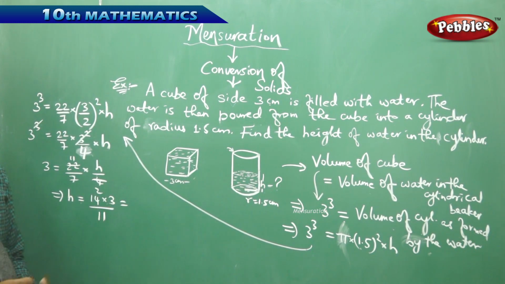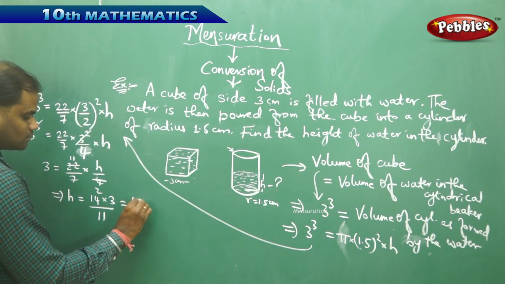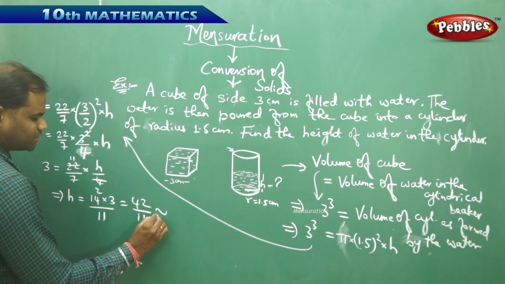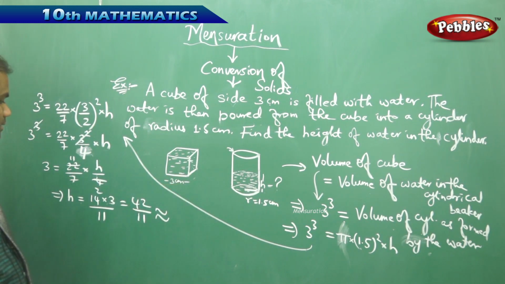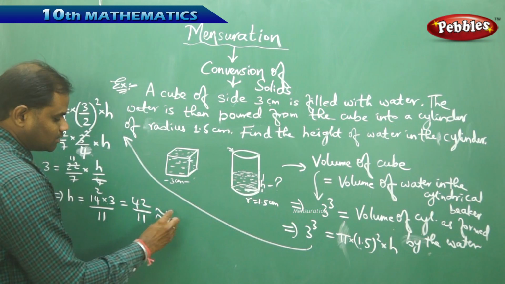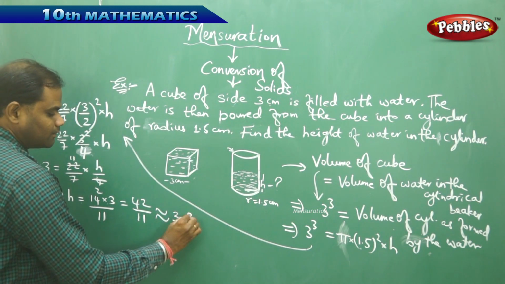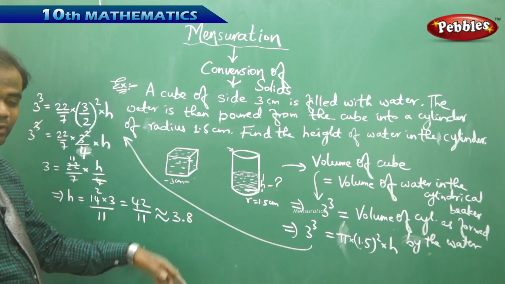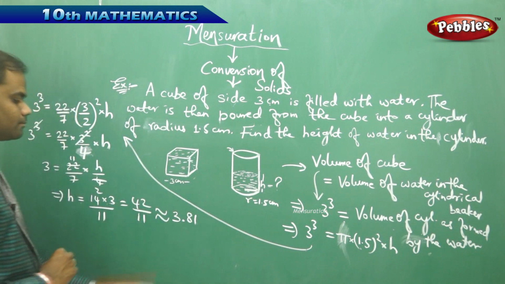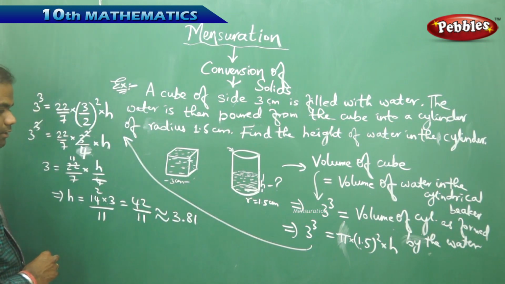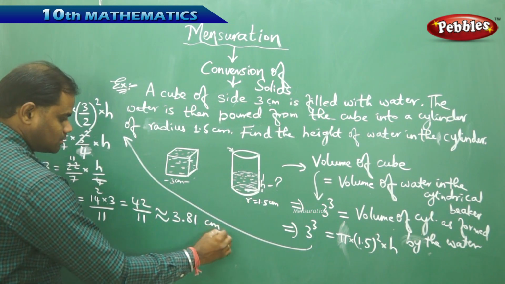This on further simplification gives 42 over 11, which gives me approximately the height of the water occupied in the cylindrical beaker, that is approximately 3.81 centimeters.